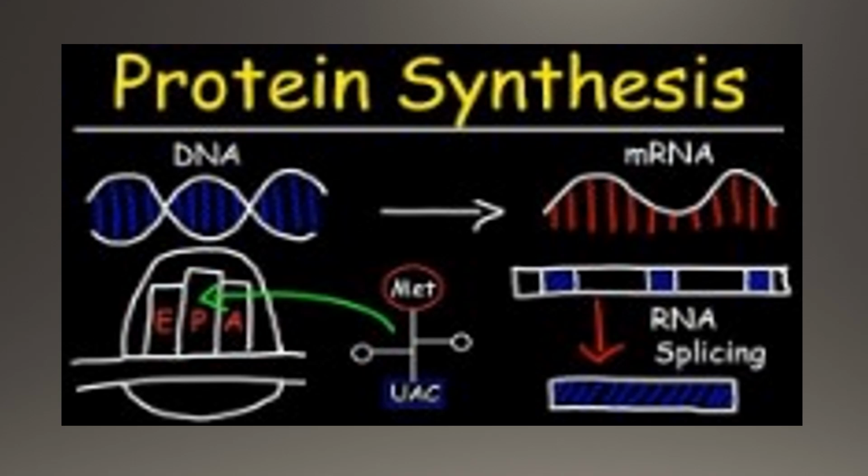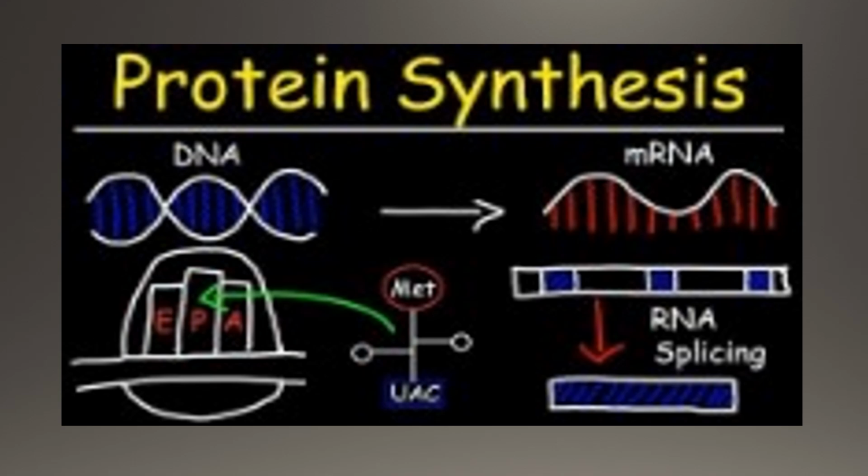Now, during the last step of transcription, which is the termination step, the RNA polymerase molecule and the mRNA strand all separate from the DNA template strand. Now, in this step, the poly A polymerase enzyme caps the free end of the mRNA strand, and this is known as the poly A tail.